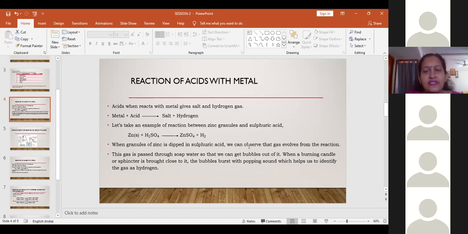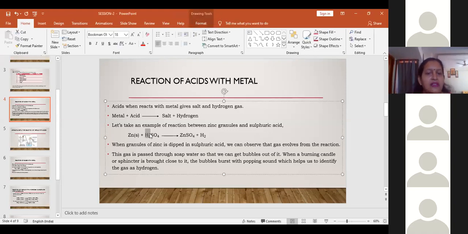Sulfuric acid is H2SO4. See the screen. Are you able to see the screen? Looking at the reaction, which element is displacing which element? Zinc is displacing sodium. Is sodium there in the reaction?